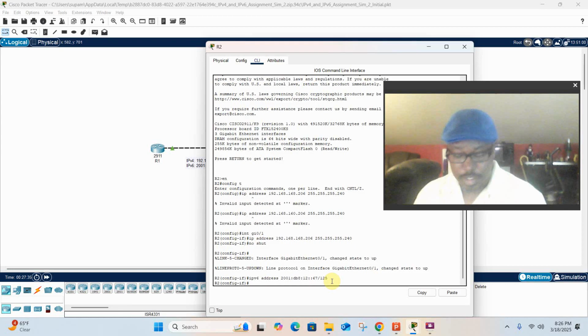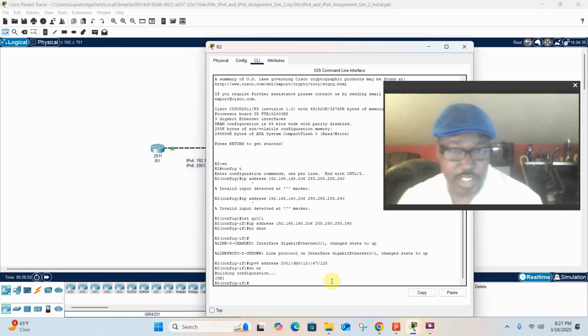Put that in. By all means, that should be it. That's all we have to do for this IPv4, IPv6 assignment. We've implemented the IPv4 and IPv6 addresses, configuring the first usable and last usable addresses. So let's save our work. Do write memory. And we see the links have turned green.